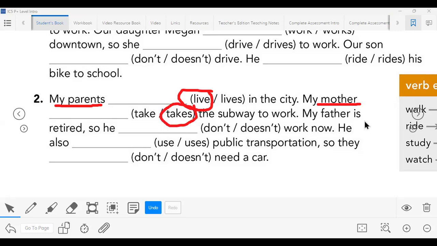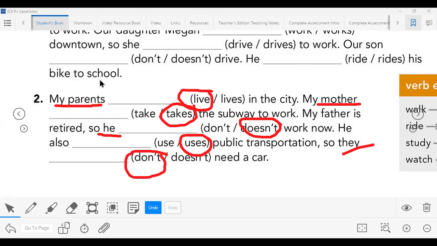My father is retired, so he doesn't work now. Good. He also uses public transportation. Excellent. So they don't need a car. Very good. So you're ready for the next level?